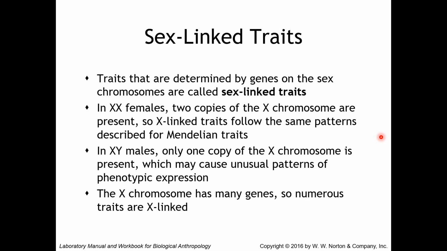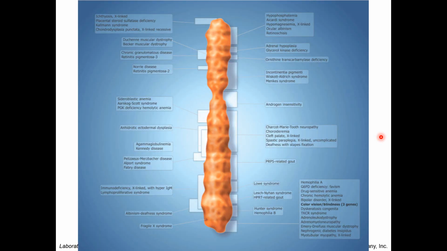For this reason, X-linked traits are more likely to be expressed in males, but both males and females may have alleles for those traits and may pass them on to their offspring. So here's a look at the X chromosome and locations where we can see X-linked traits that can cause abnormalities.